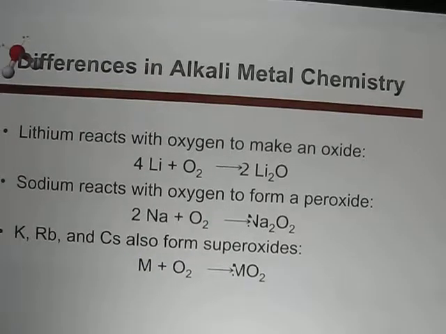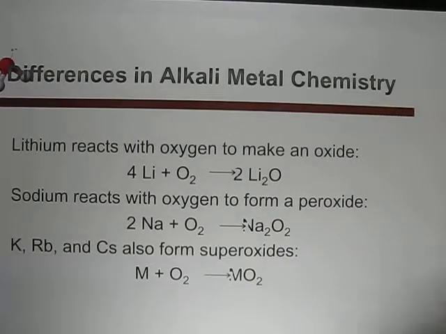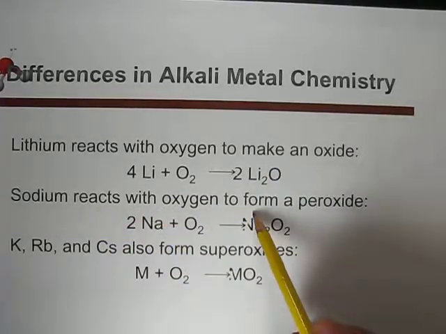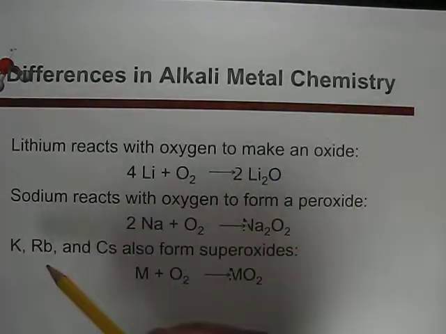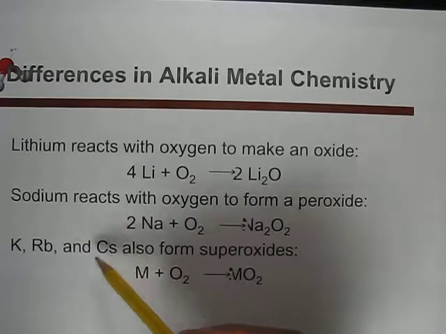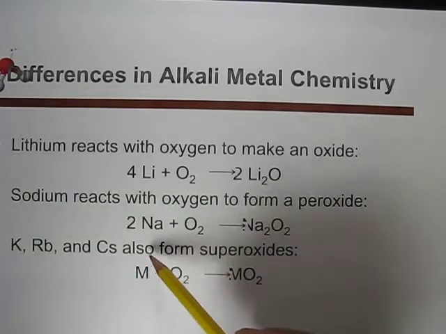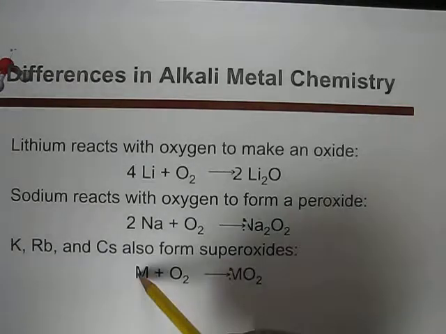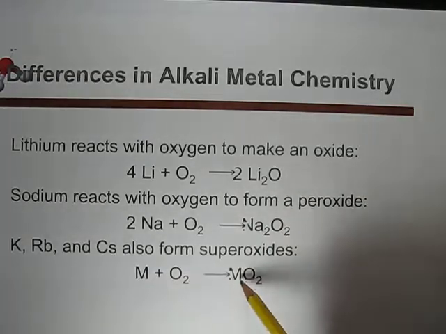There is a difference in alkali metal chemistry. Lithium reacts with oxygen to make lithium oxide. Sodium reacts with oxygen to form peroxide. Potassium, rubidium, and cesium form superoxide, for example potassium KO2.